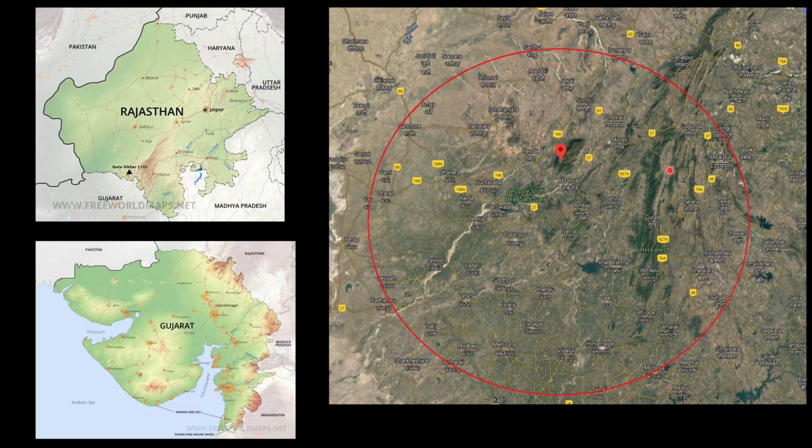Now let us see which part we are going to study. This is a satellite picture of the Banaskantha region and the northeastern part of Gujarat, and the southern part of Rajasthan. This area we are going to study.